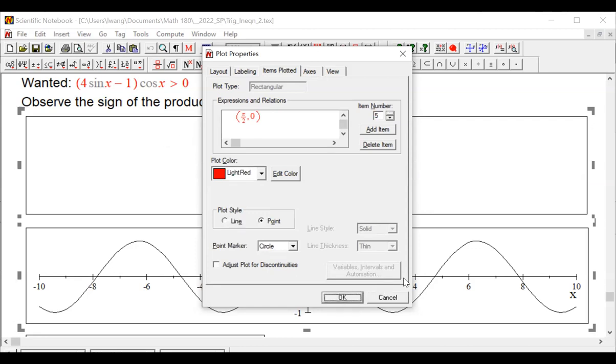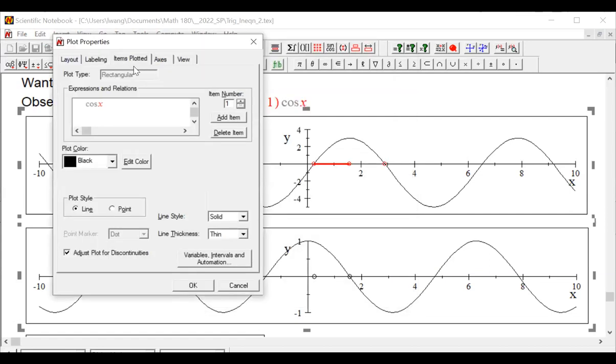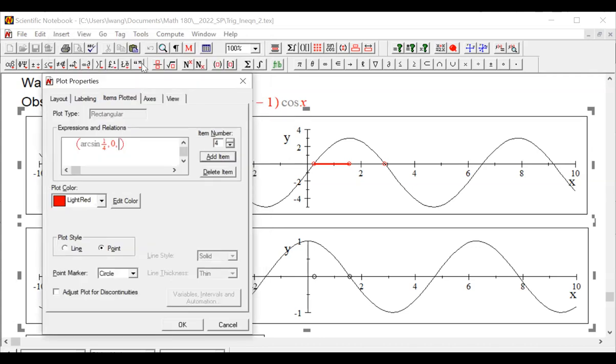Red circle. So on this interval, you can see the curve is positive from 4 times sine x minus 1. And this other piece is from theta to pi over 2. So let me make some adjustments so you can see the correspondence, which is, this is going to be a red circle. Pi over 2.